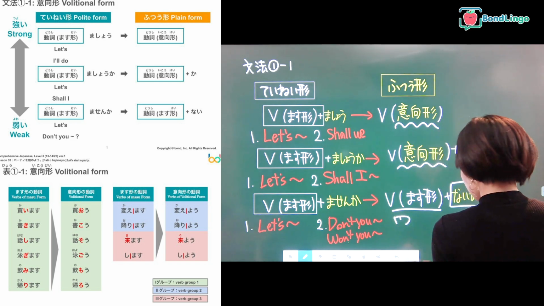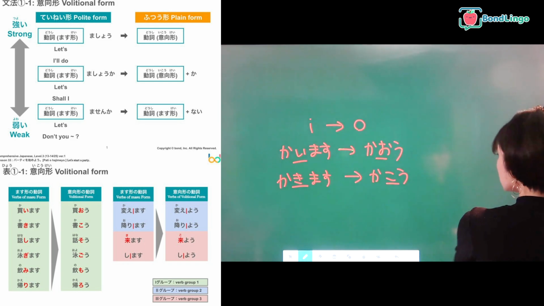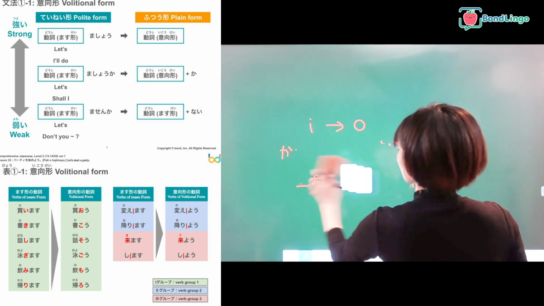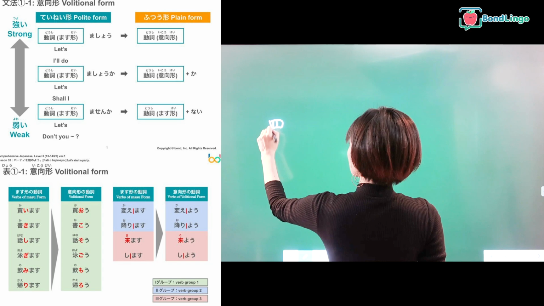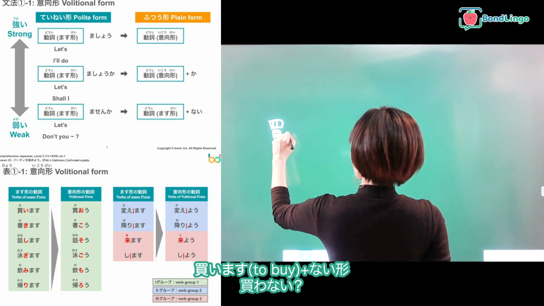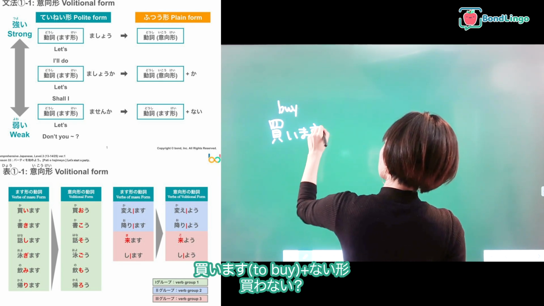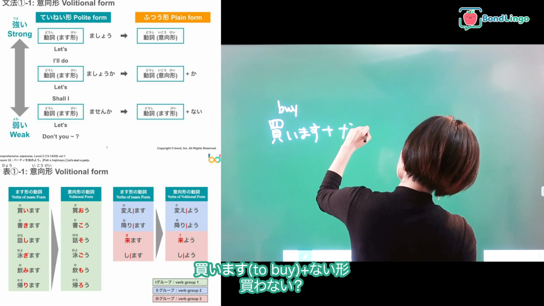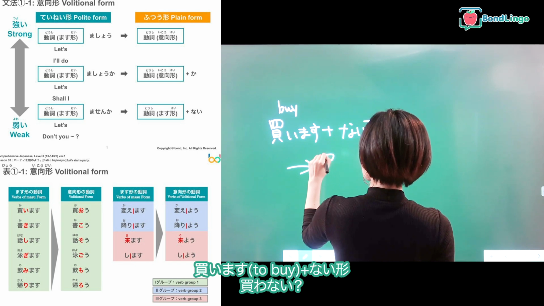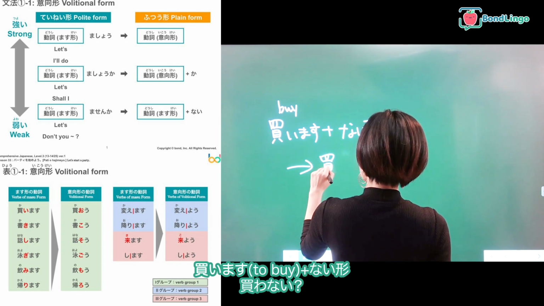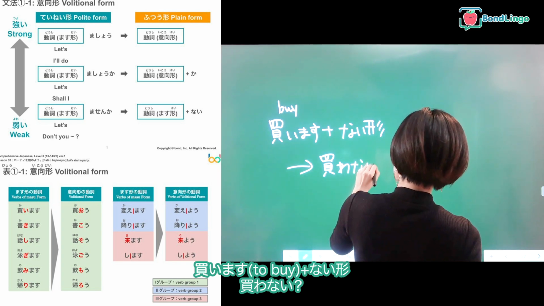So, for example, 買います, to buy, plus ない形 becomes 買わない.